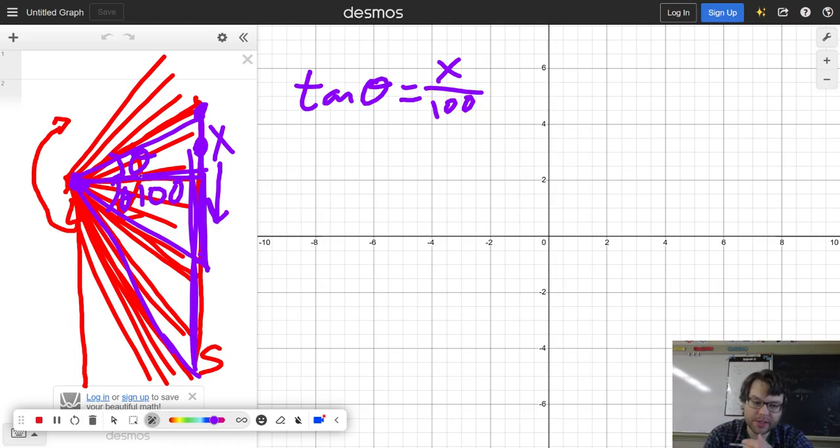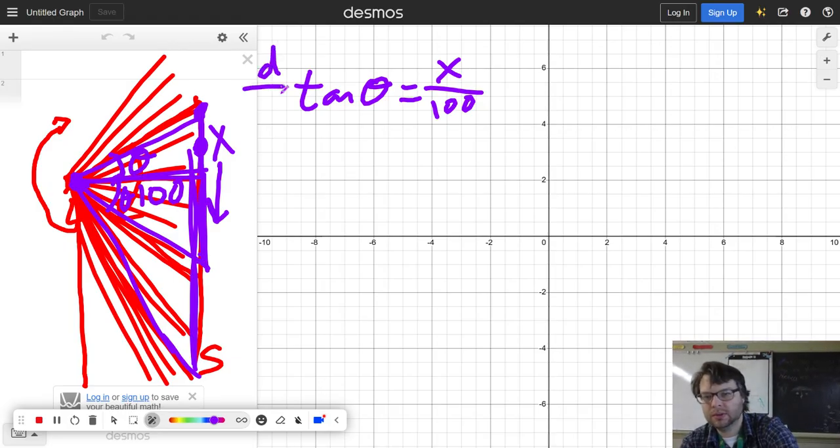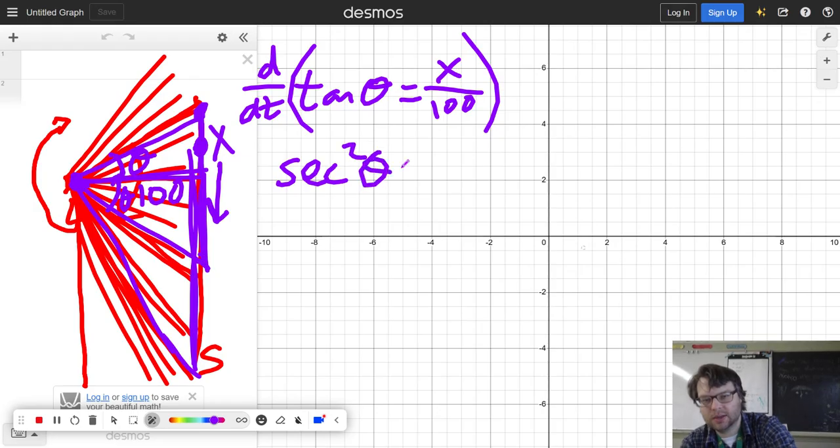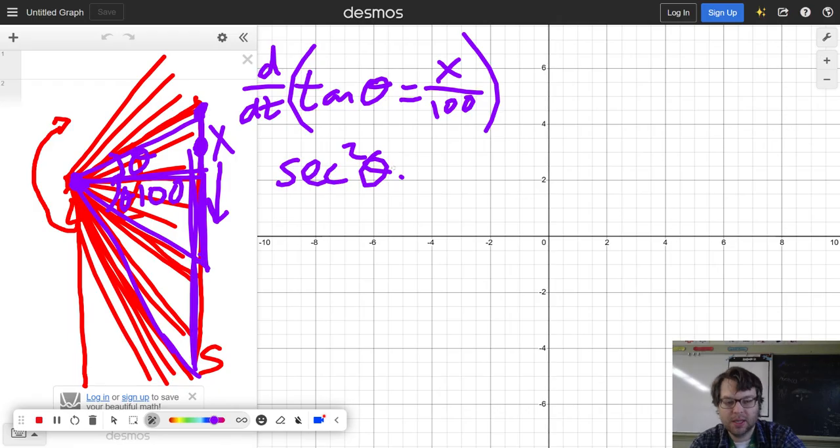If I'm trying to find a rate of change with respect to time, I'm going to take d over dt of both sides. I'm going to take the derivative with respect to time of the whole equation. The derivative of tangent is secant squared. But I'm not thinking of theta as just an independent variable. Theta is changing over time.